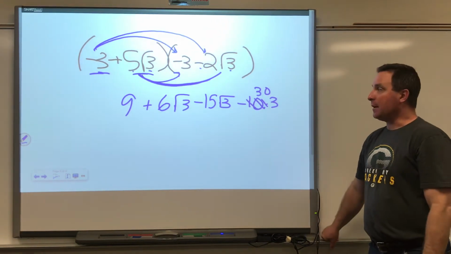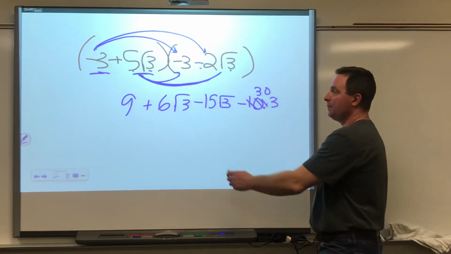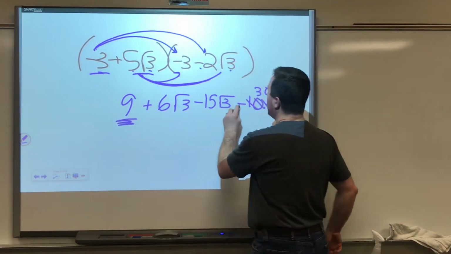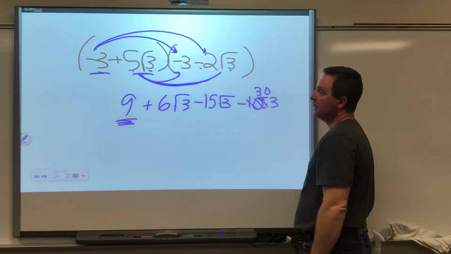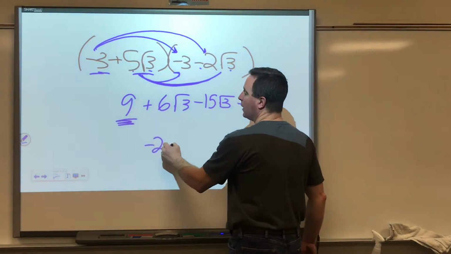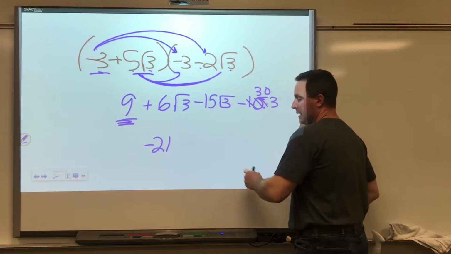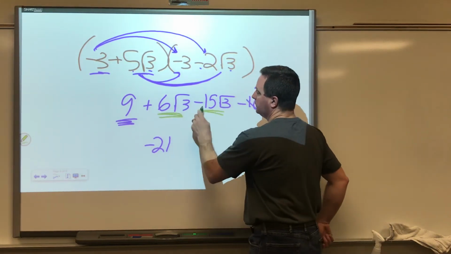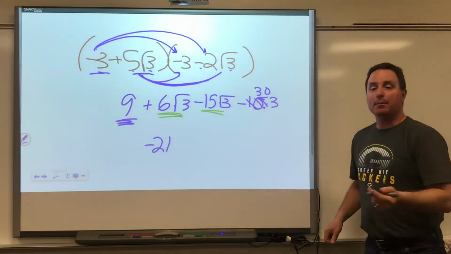Okay, when I FOIL here, I then look for like terms. Well, I see my regular numbers, 9 minus 30. And if you did that on your calculator or wherever, that's going to be negative 21. Okay? And then these 2 guys right here in the middle, this time they happen to both have the same radical.